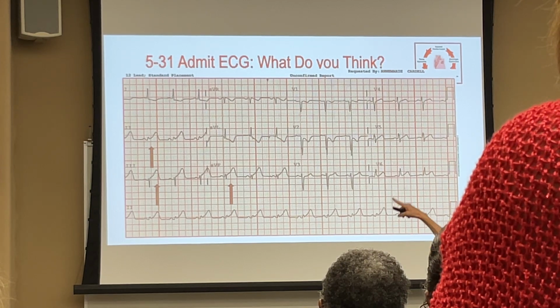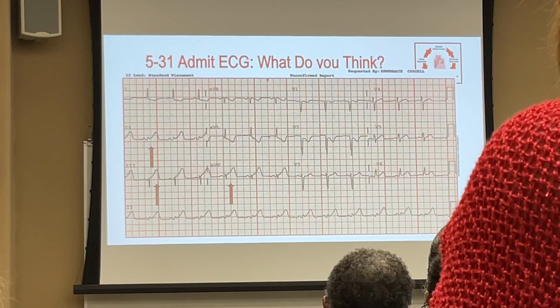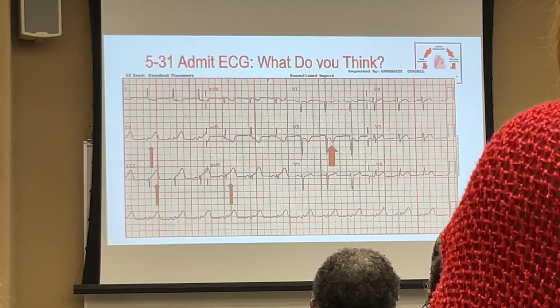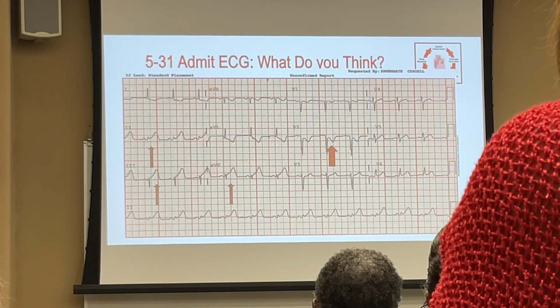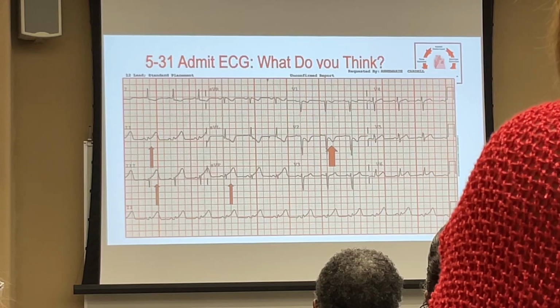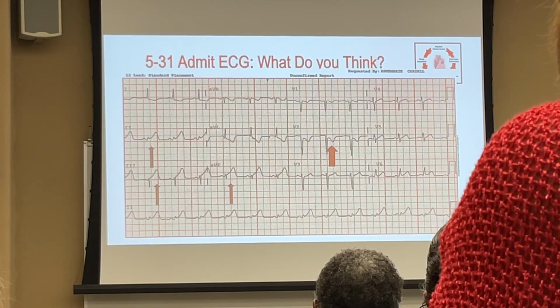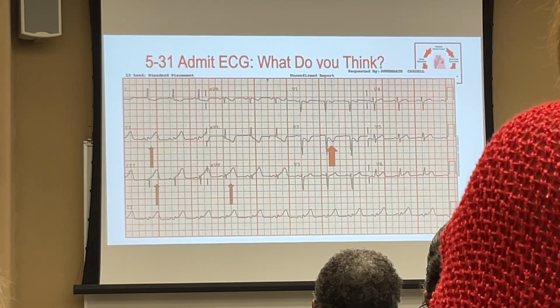You also see some reciprocal changes in the lateral leads, but what's also really important is that I have ST depression in what I would call my right-sided chest leads, particularly V1, V2, and V3. You should never have ST segment depression in your chest leads. If you have ST depression in your chest leads, that typically indicates it's the opposite of where your problem is, and your problem is ST elevation in the posterior surface.